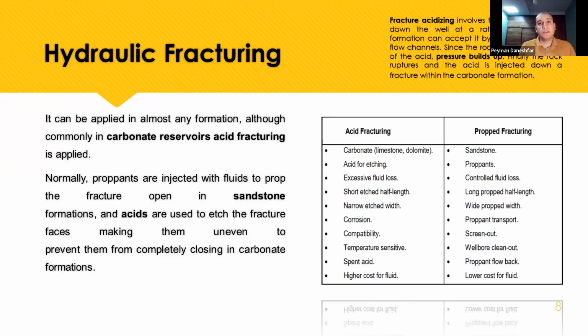Fracture acidizing involves injection of the acid down the well at a rate faster than the formation can accept, and it creates natural flow channels. Since the rock will not accept all of the acid, pressure builds up, and finally the rock ruptures and the acid is injected down the fracture within the carbonate formations.